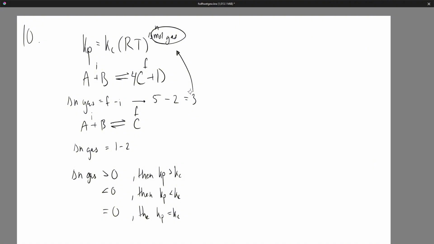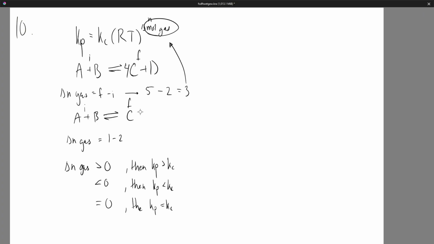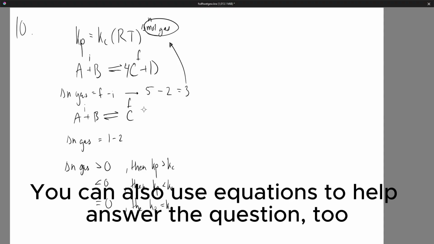The larger the positive change in moles of gas is, the greater Kp is going to be compared to Kc, and vice versa. You should be able to explain this in your own words.